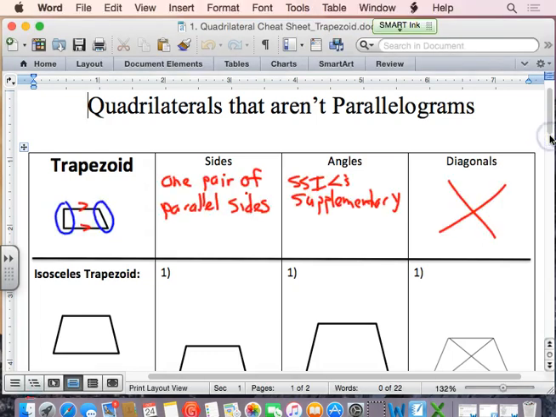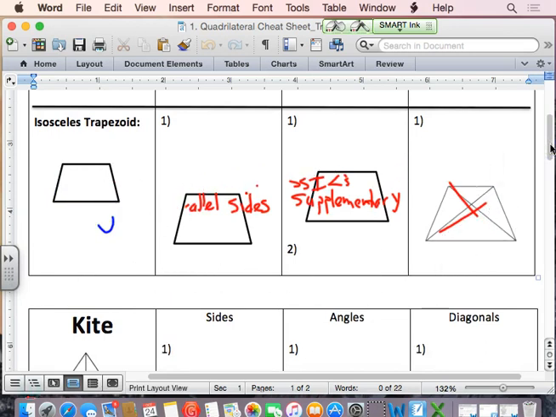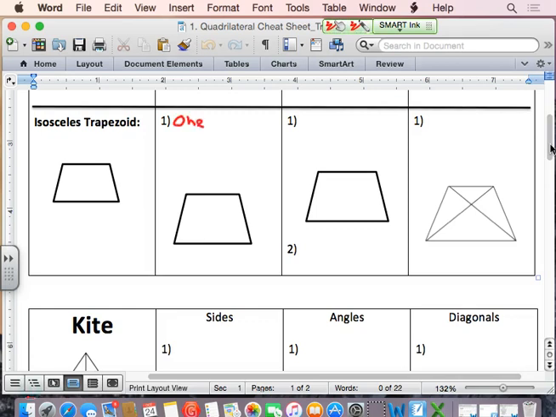But that's going to change when we talk about isosceles trapezoids. So when we talk about isosceles trapezoids, some of these same things are going to apply also. Okay, so with the sides, we still have one pair of parallel sides.